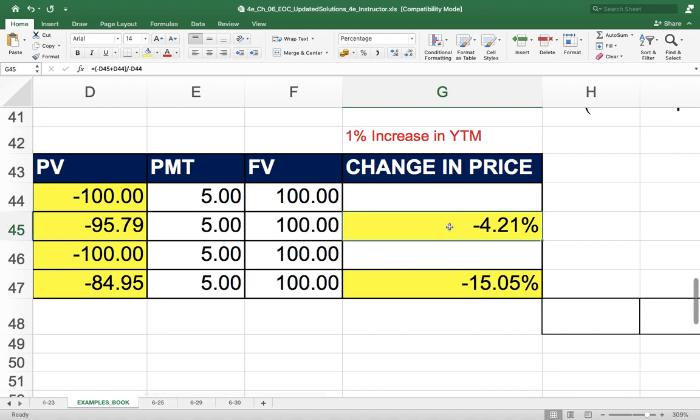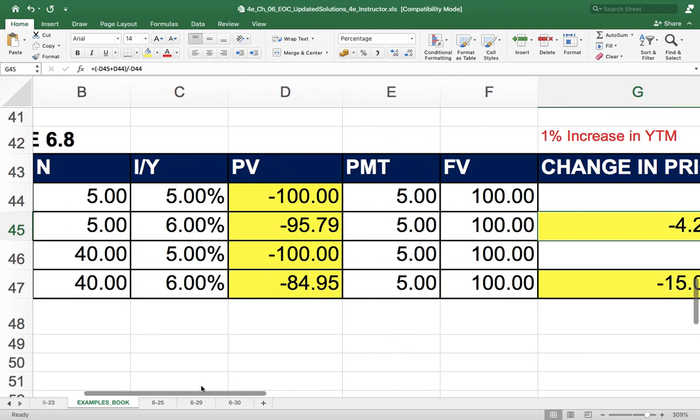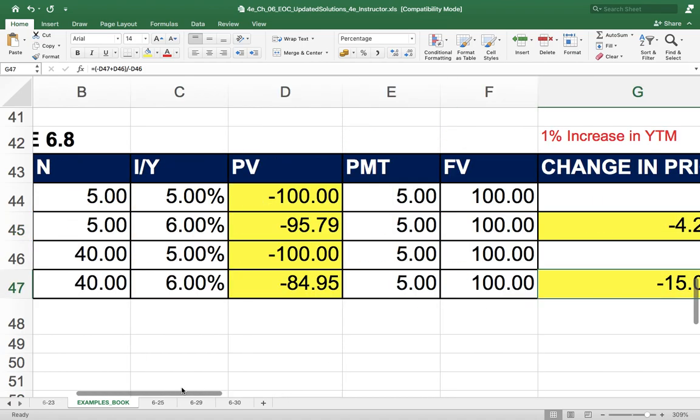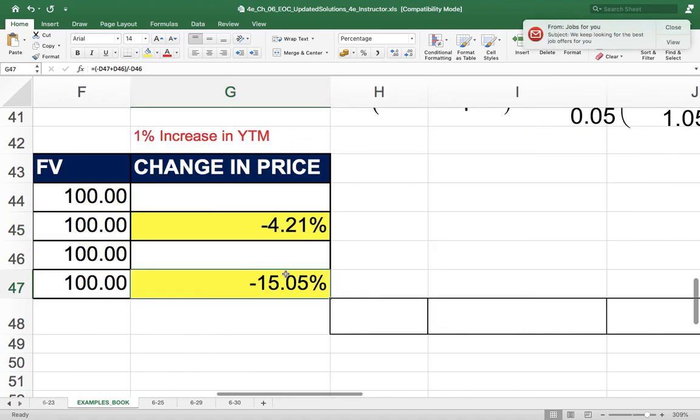The price of the first bond decreased by 4.21% because it is only a shorter term bond, 5-year maturity. But the longer term bond, with 40 years maturity, see how much the price has decreased: 15% price decrease because of a 1% YTM increase.